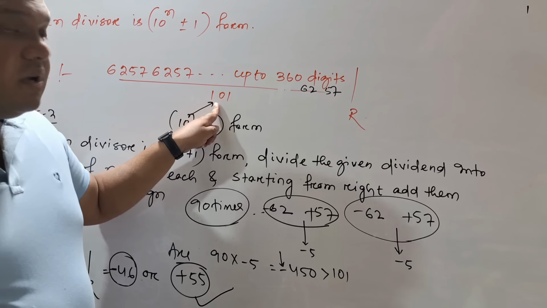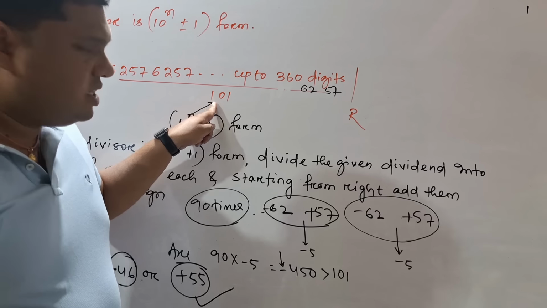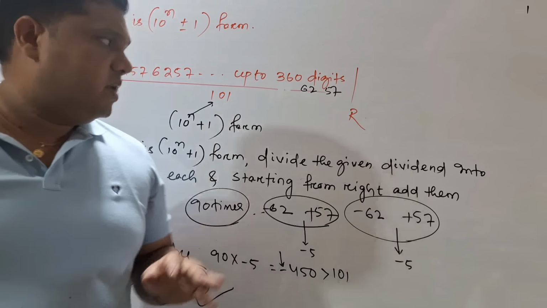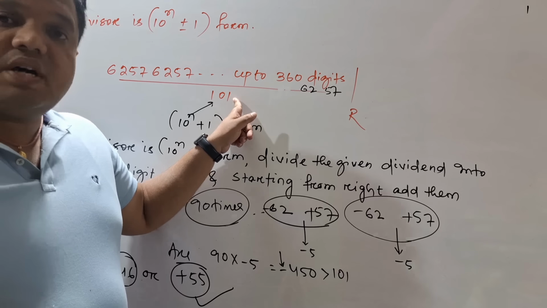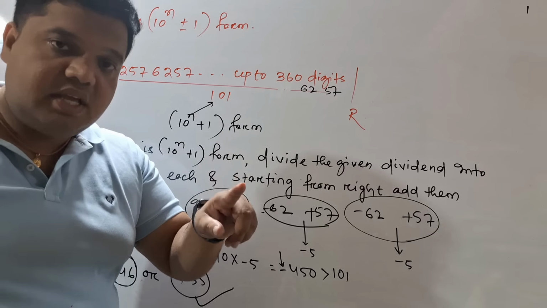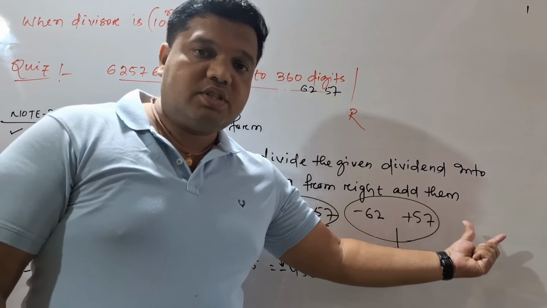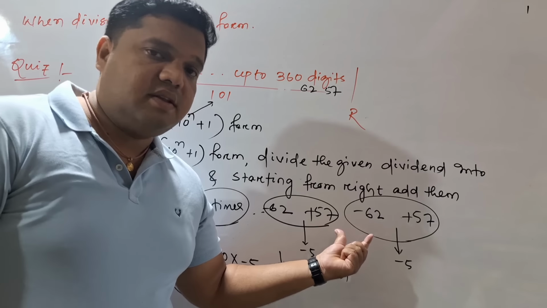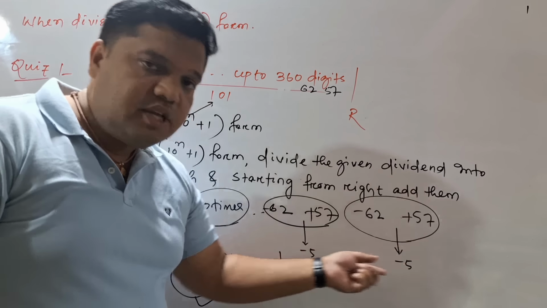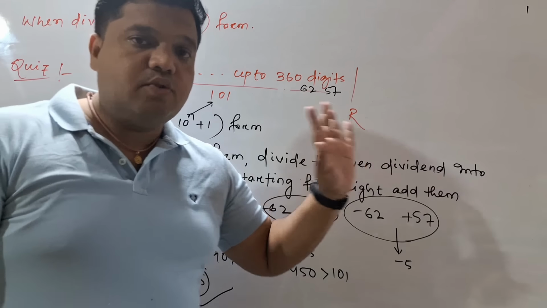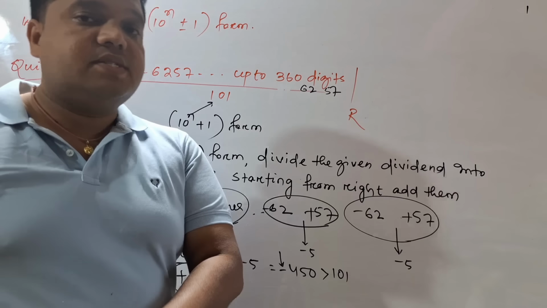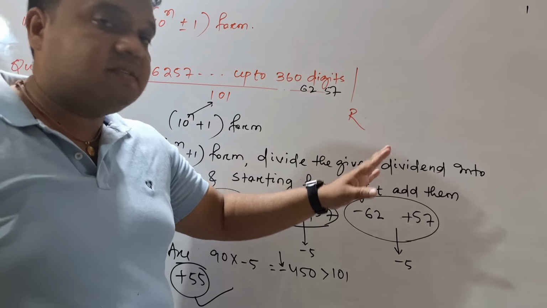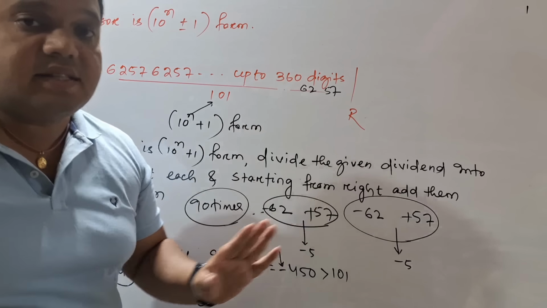When the question is 1001, the value will change similarly. When this is 1001, n is equal to 3, 3 indicates the rightmost 3 digits. First you write a plus sign, then a minus sign for another 3 digits, and this becomes a new pair, and in a new pair 6 digits are there. So you have to check how many digits are available, divided by 6, that many pairs are there.